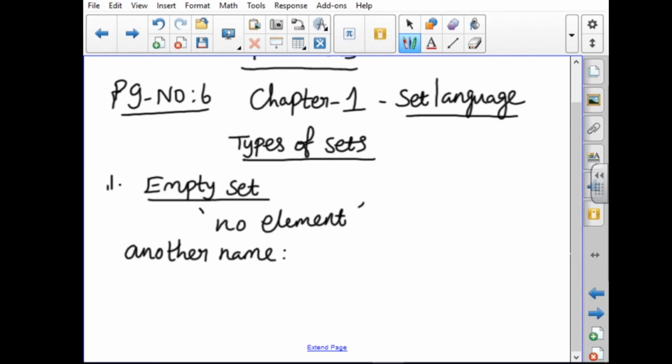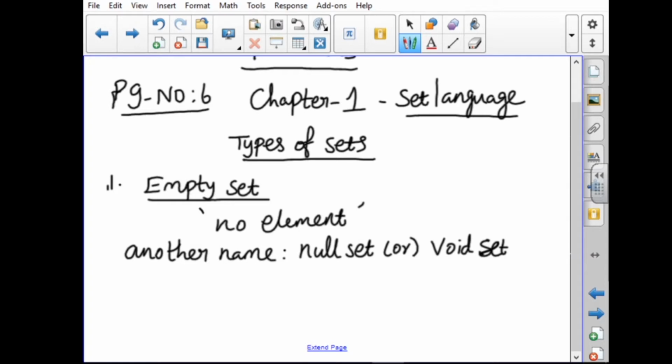It's called null set or void set. A set consisting of no element is called an empty set or null set or void set.